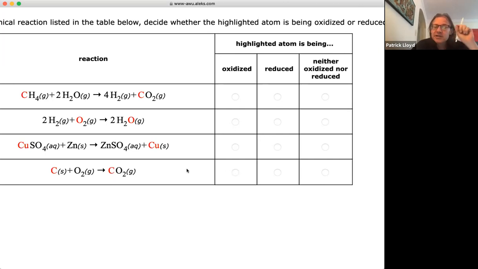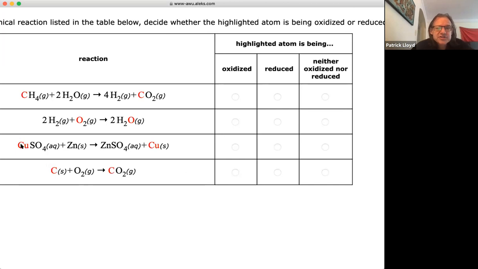Now in this particular problem, anytime something gets oxidized, the other one's got to get reduced. So if carbon got oxidized, that tells you the oxygen got reduced, but they're not asking you about that. But be aware that if something happens to one, the opposite happens to the other, because they're competing for electrons, right? What we're claiming here is the oxygen is taking electrons from the carbon.